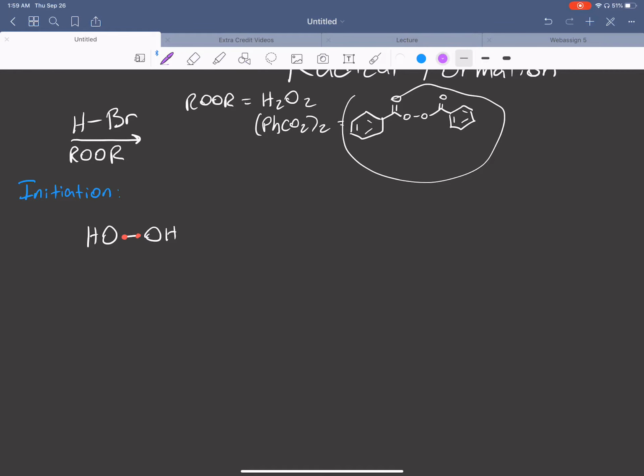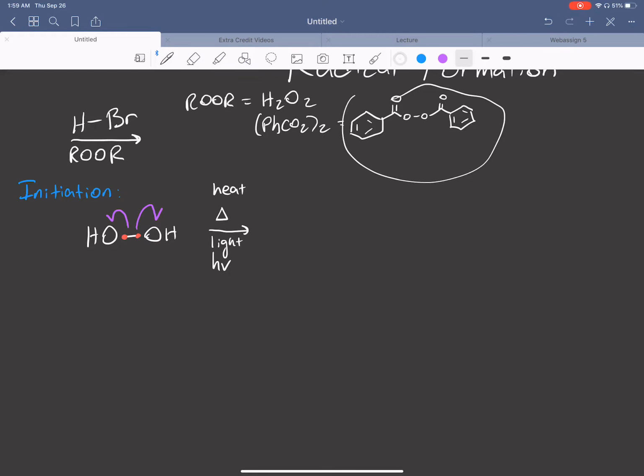And so what the initiation step is, it forms our radicals. And so this could either be written with heat, which could be a delta symbol, or just straight up heat, or light, which could also be written as hv. All right. Either way, they do the same thing. So what happens is one of the electrons breaks, is going to end up on that O. Other one ends up on the other oxygen.